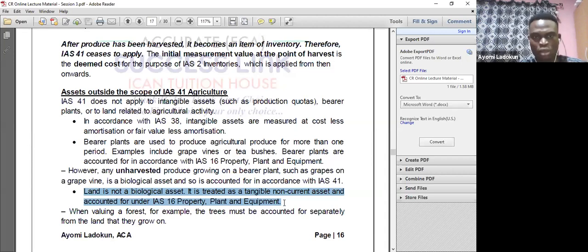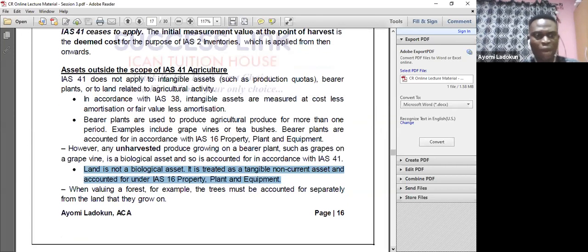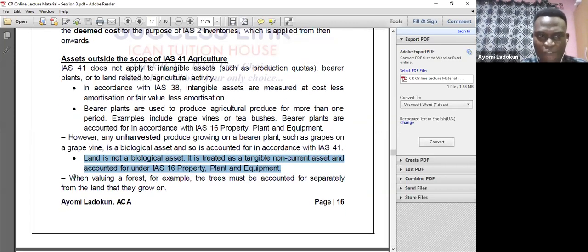Otherwise, it would be a leasehold landed property, as the case may be. Now, when valuing a forest, for example, the trees must be accounted for separately from the land that they grow on. So when you are valuing a forest, you have to value it separately, and you account for it separately from the land that they grow on.